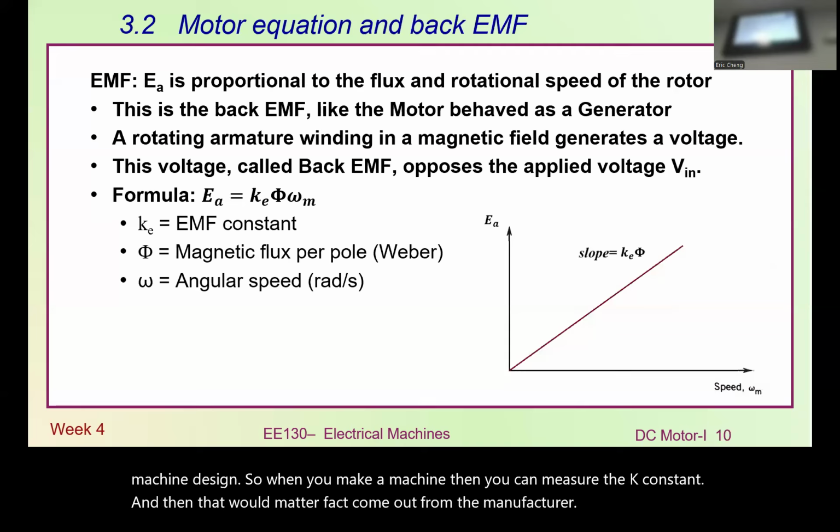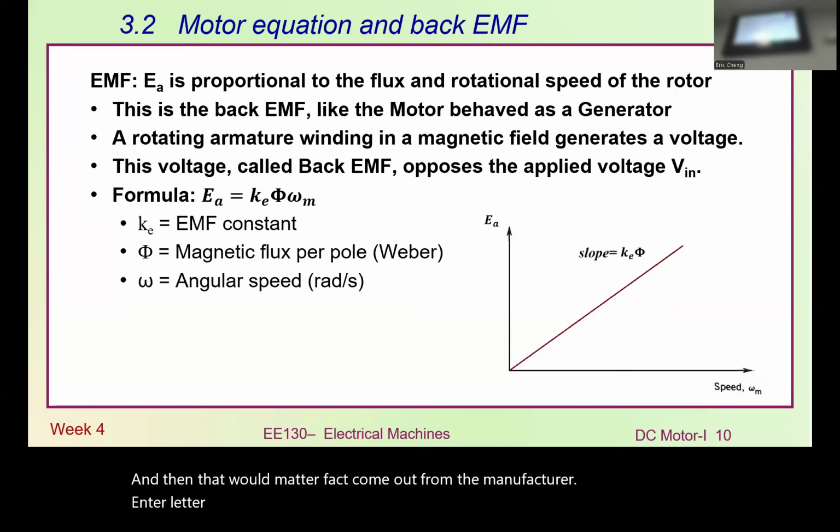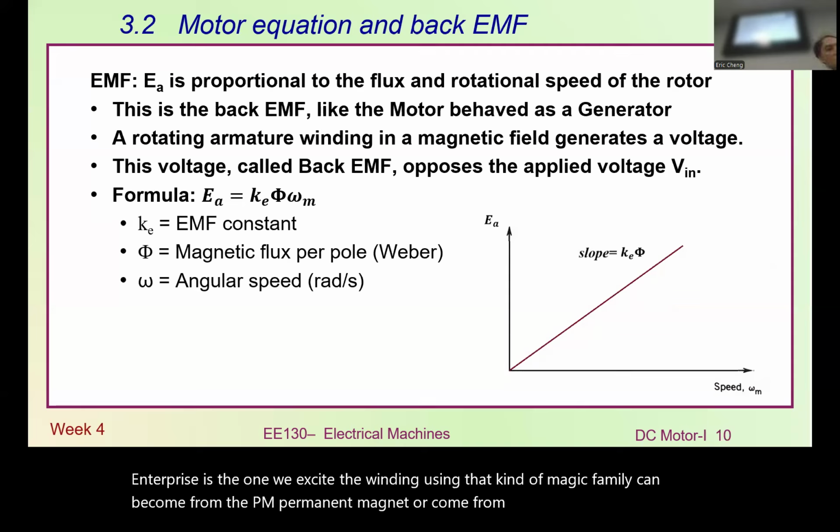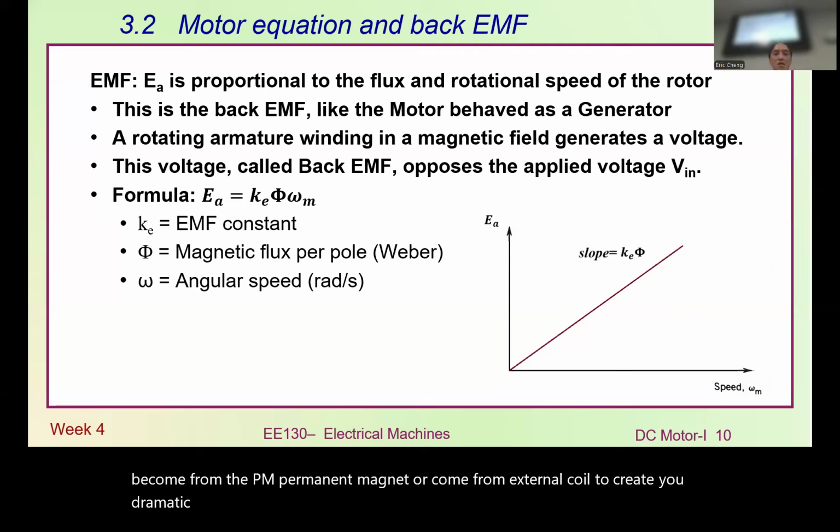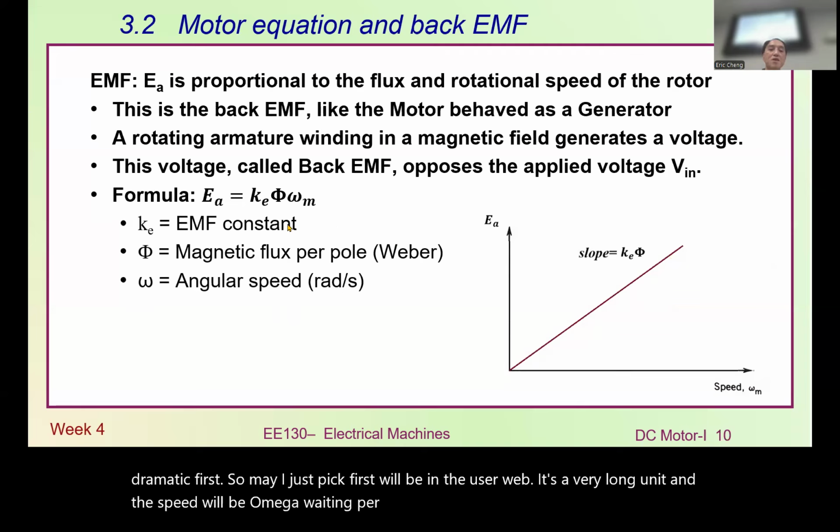The magnetic flux is what we excite the winding with. It can come from a permanent magnet or from an external coil. Magnetic flux is in units of Weber, a very long unit, and the speed is omega in radians per second. K will be a constant.